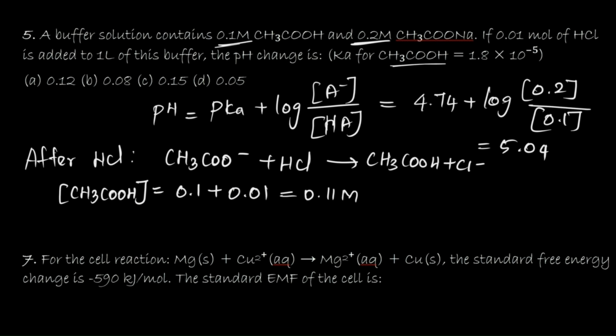Correct? So similarly, the CH3COO minus will be reduced, because after adding HCl the acetate concentration will get reduced. That's what became our acetic acid. So 0.2 minus 0.01, which is 0.19 molar.